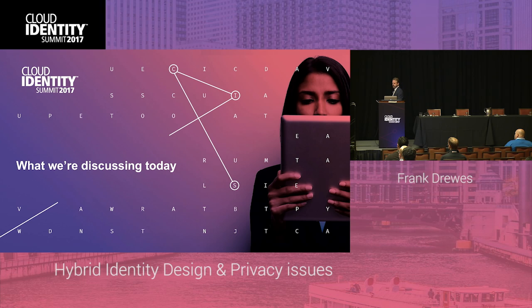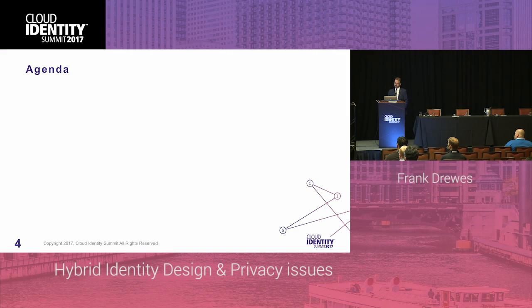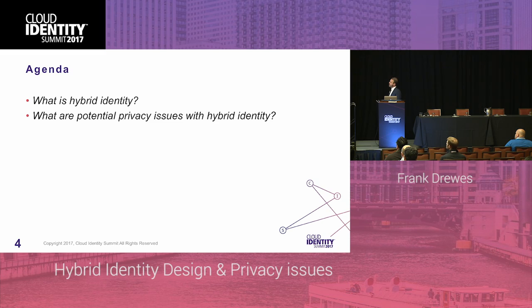So first, let's talk about what we're going to cover agenda-wise. The first thing we're going to talk about, we see the term hybrid identity. How many people here would say, I kind of get what that is? Okay, a few. So we're going to spend a little bit talking about that. And with this particular model, what are some of the potential privacy issues related to it?